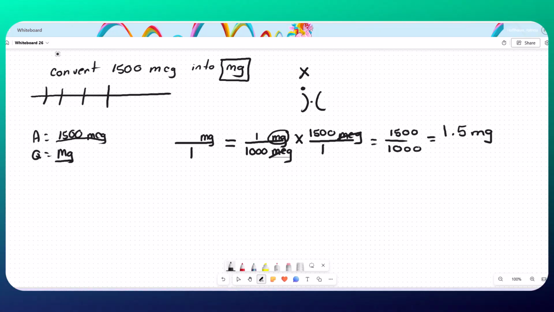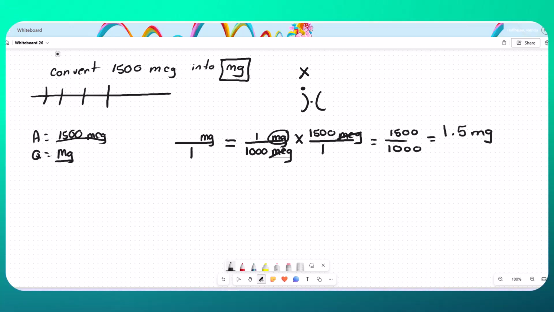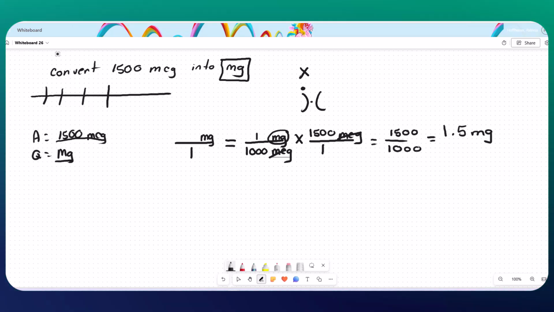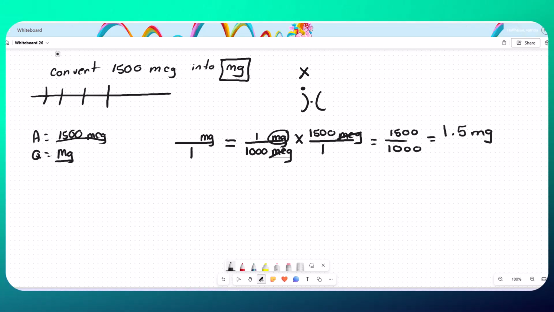Okay, that's how you're going to write the problems out if you were just writing them out before you enter them into the computer. Whichever way you want to do it is perfectly fine. You just do what works best for you. The trick is you must follow the pattern that we're teaching you, okay? And once you get a handle of this pattern, the other thing I want you to know, like right now we're working with milligrams, micrograms, and liters and milliliters. It does not matter what unit of measure your question's asking you for, whether it's an IV flow rate, capsules, tablets, liquids, milligrams.